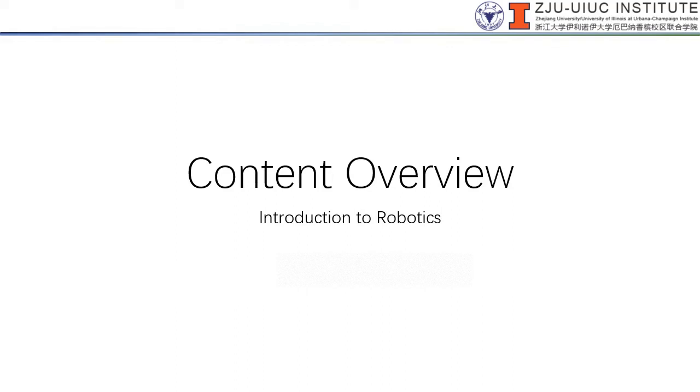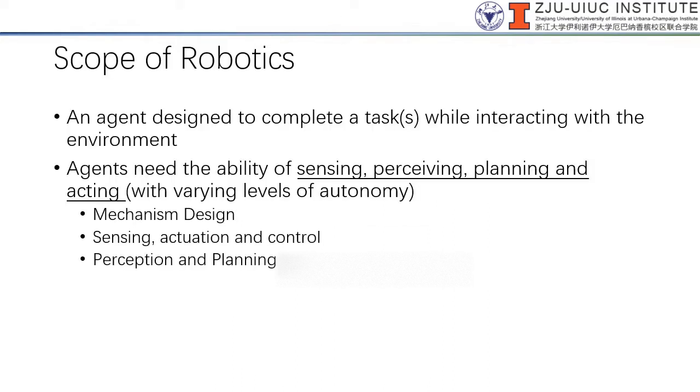In our last video segment, we talked about what a robot is, and we came up with a very relevant definition for this course, ECE 470. If you recall, a robot is an agent or a machine that is designed to complete a task while interacting with the environment.